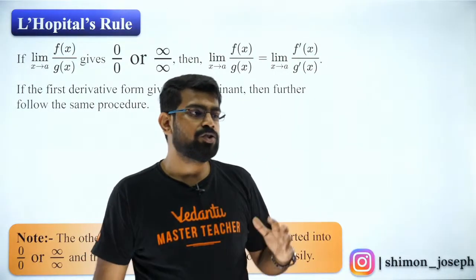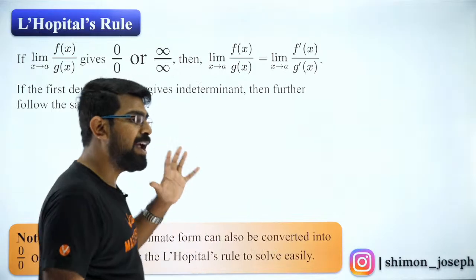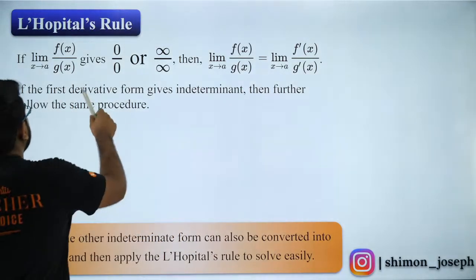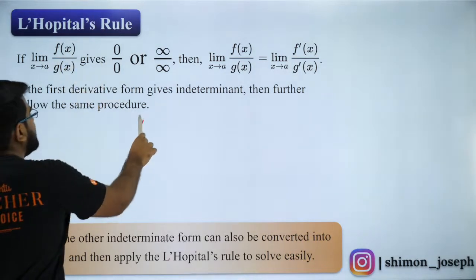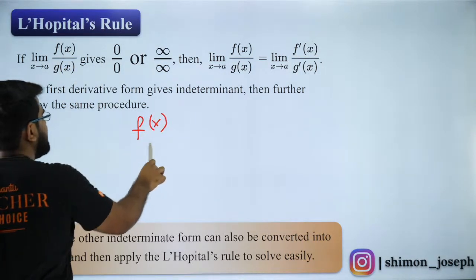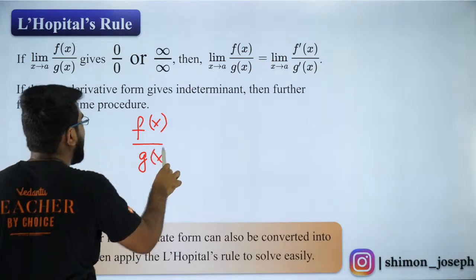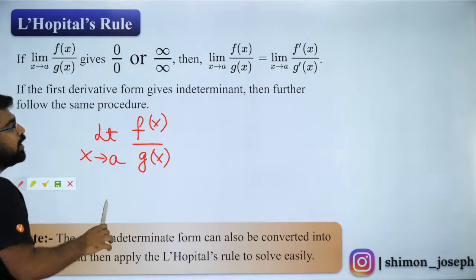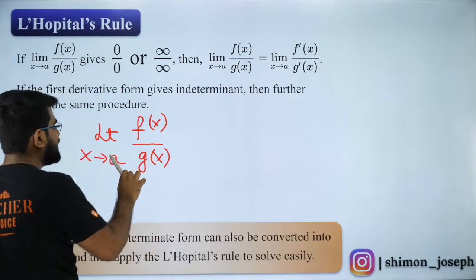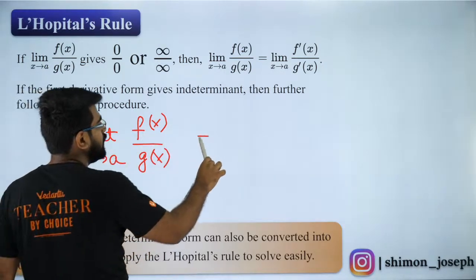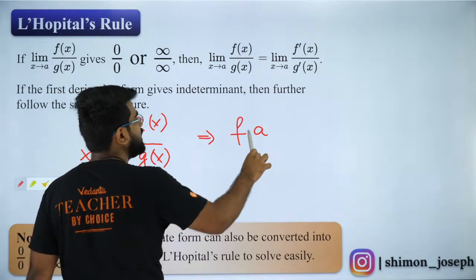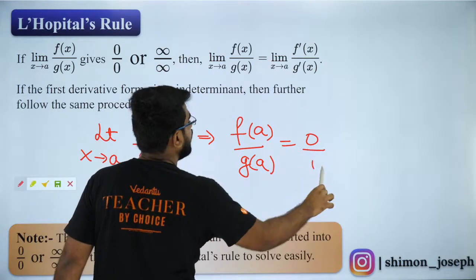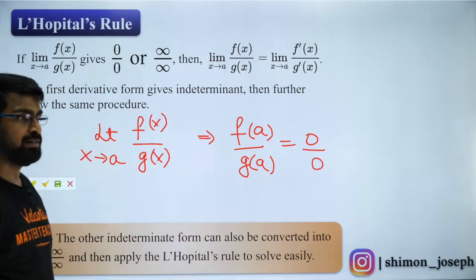Whenever you have a function like f of x by g of x, and you're asked to find the limit as x tends to a, if you put x equal to a directly and you get f of a by g of a to be 0 by 0, then you can apply L'Hopital.